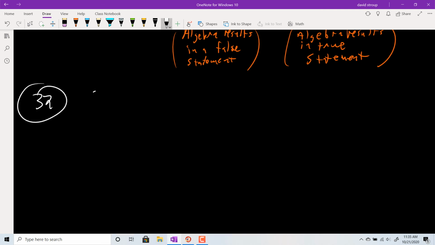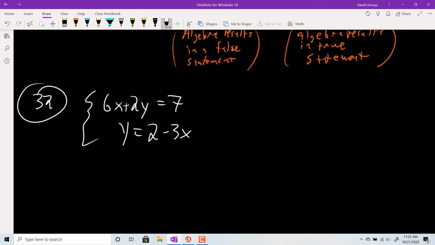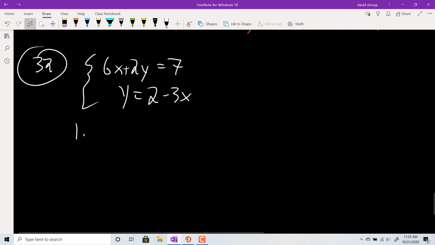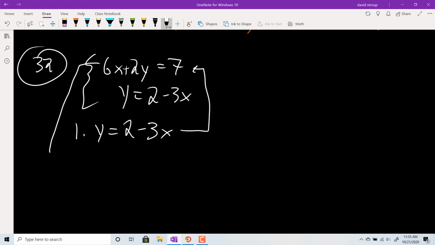So 32, and we have 6x plus 2y equals 7, and then y equals 2 minus 3x. Okay. It's sort of set up like a substitution problem, so that's what I'm going to do. So I pick off the equation that's already solved for one of the unknowns. Then you substitute that into the unused equation.